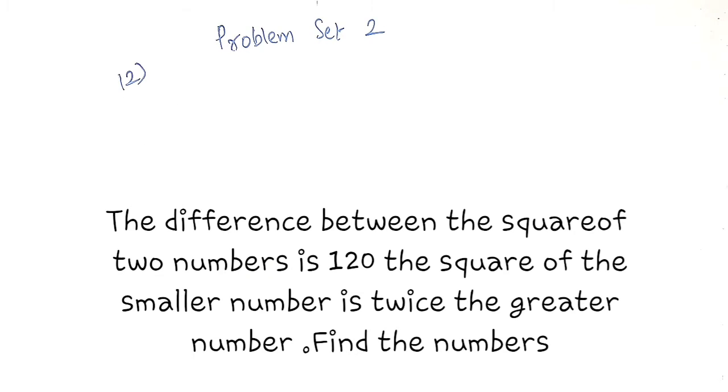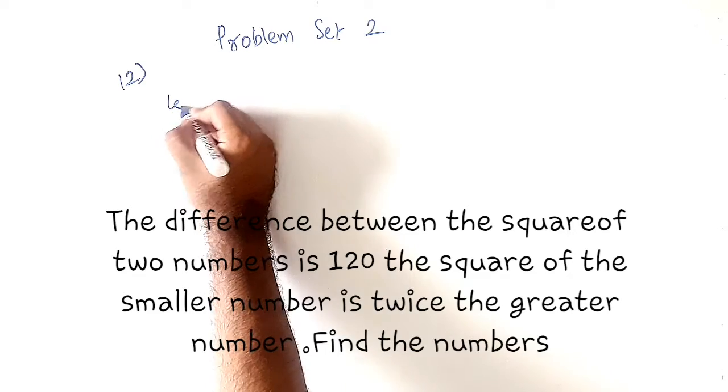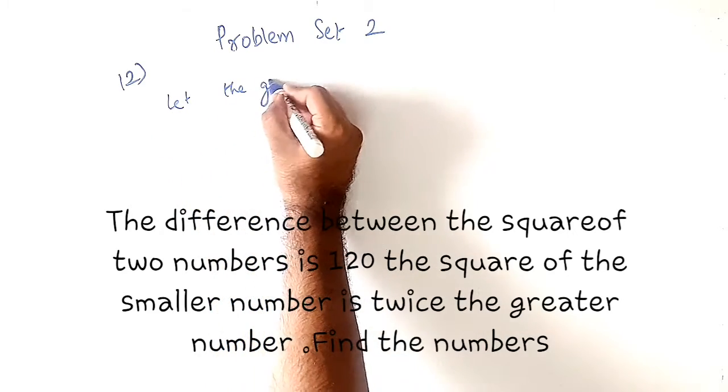The 12th one says that the difference between the squares of two numbers is 120. The square of the smaller number is twice the greater number. Now let us come to that. First we'll write, let the greater number be x.